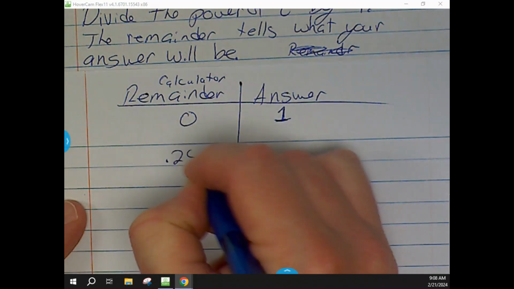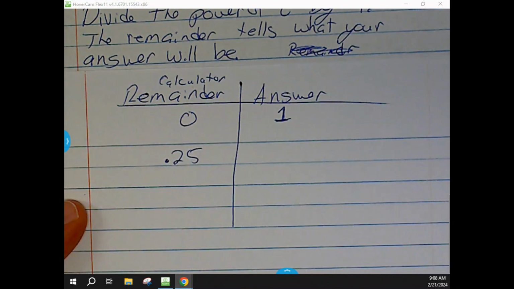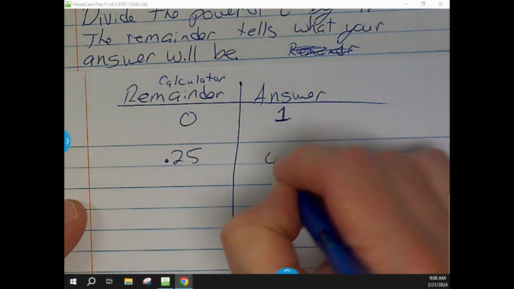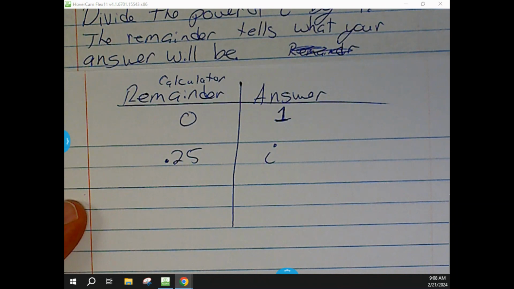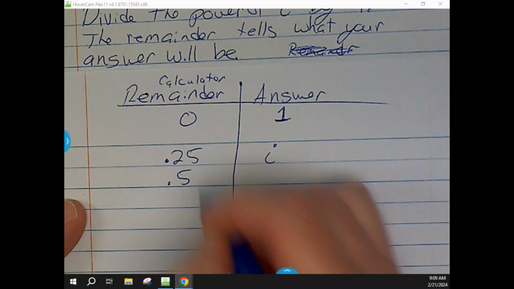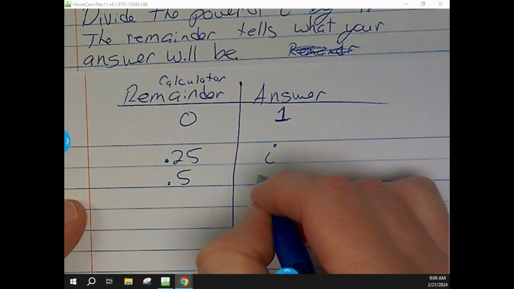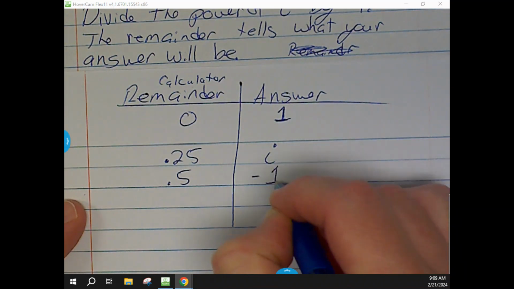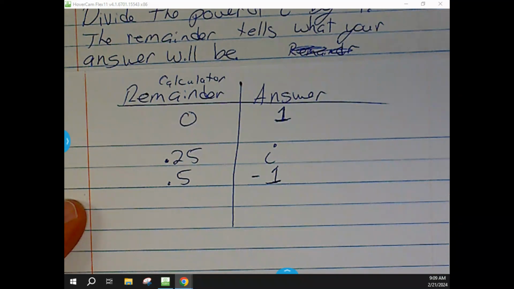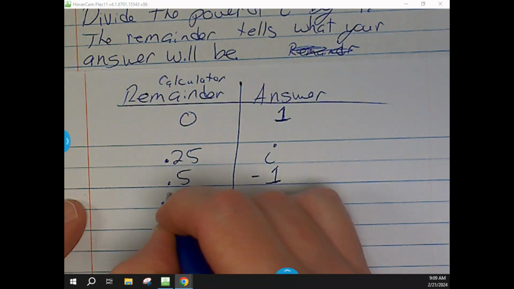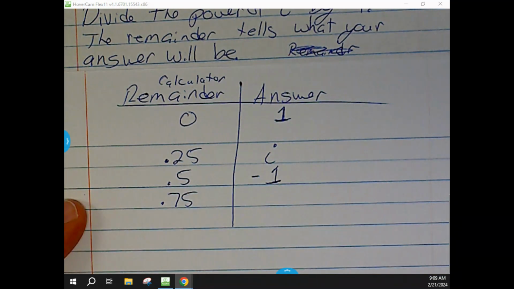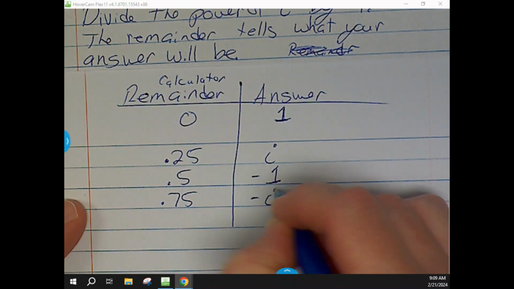If your remainder is 0.25 on the calculator, your answer is I. If your remainder is 0.5, your answer is -1. And if your remainder is 0.75, your answer is going to be negative I.